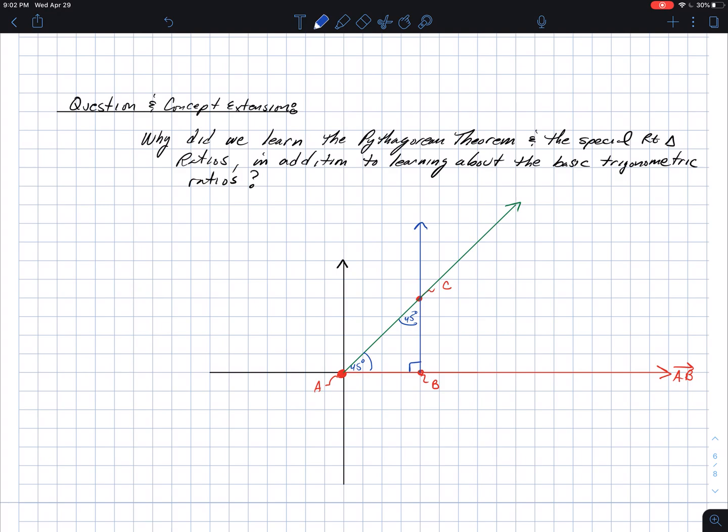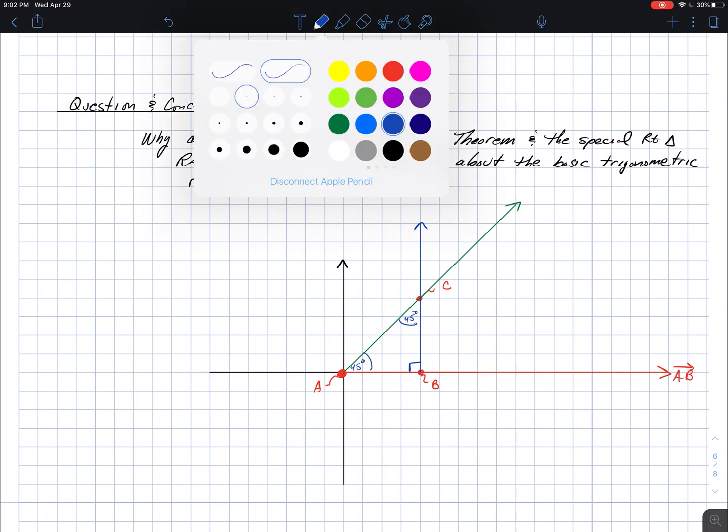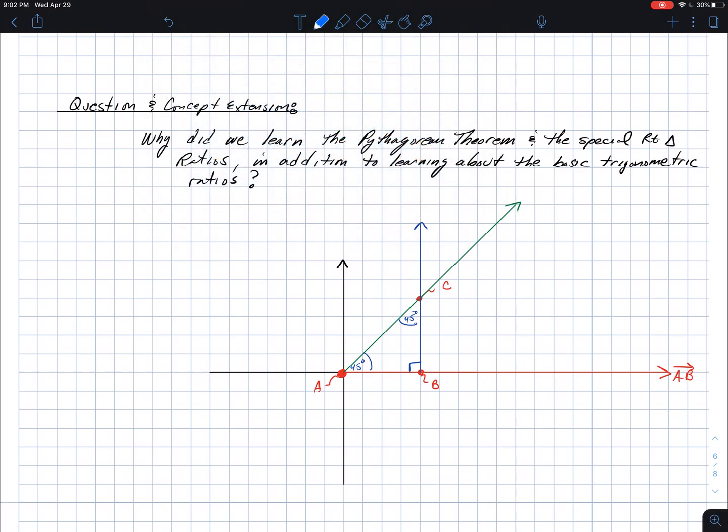Well, we learned about certain things already. We learned about the Pythagorean theorem to help us work out specific problems with any right triangle. We know that c squared, the hypotenuse squared, is equal to the sum of the two legs squared. Now that we have this triangle, we also remember our rigid transformations.